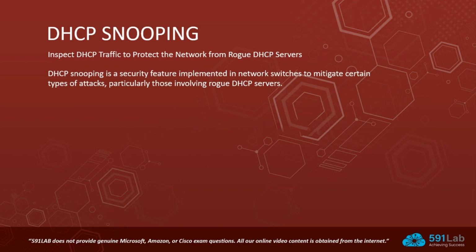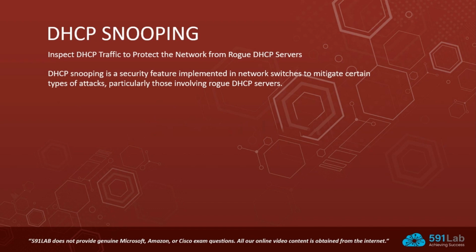DHCP snooping helps prevent such unauthorized DHCP servers from operating on a network. It also protects the DHCP service in your network from rogue DHCP servers and information leak.